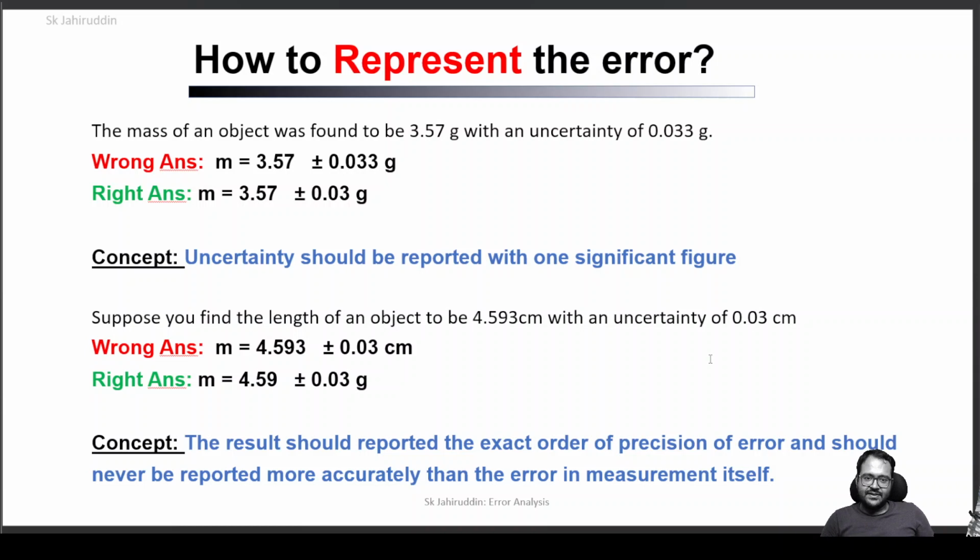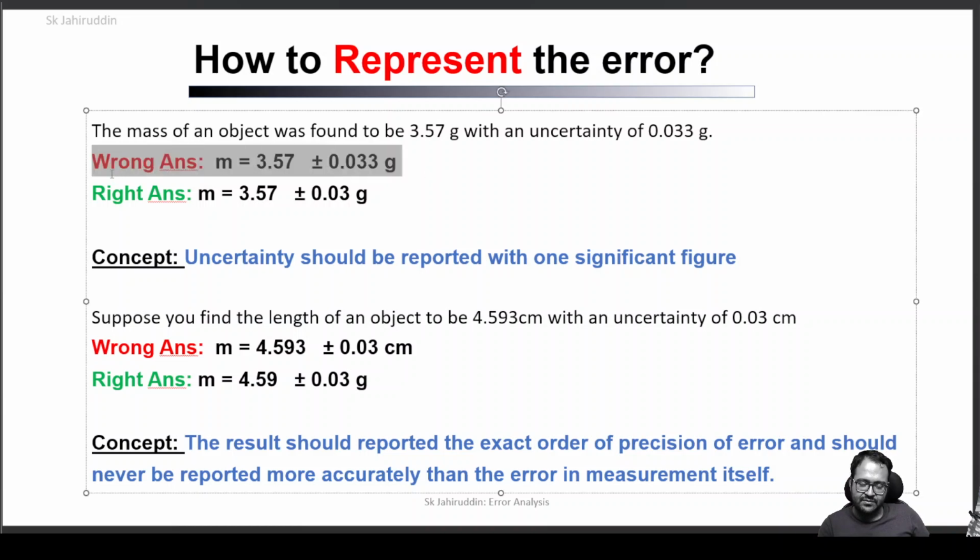Let's have a revision of how to represent the error. So the mass of an object is found to be 3.57 with an uncertainty of 0.033. If you write the mass as 3.57 plus minus 0.033, it will be wrong. This is absolutely wrong.